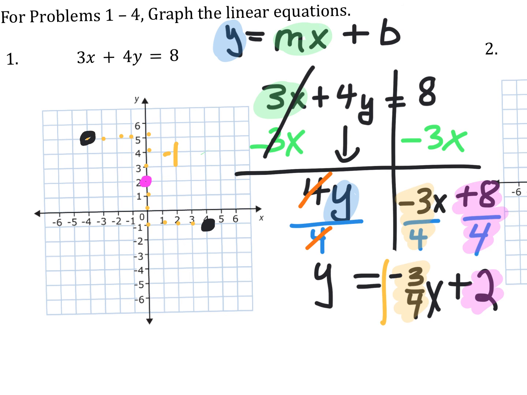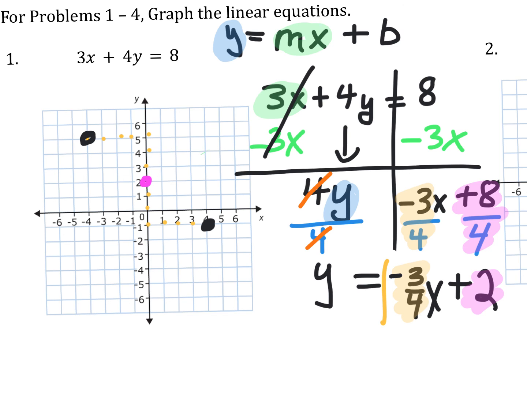So that, as you can see, that's a positive 3 because I went up, and then going to the left is negative because that's where your negative numbers are. So I'm still making a negative slope by going up and to the left because a negative and a positive still makes that negative slope. So then I'm just going to connect them.